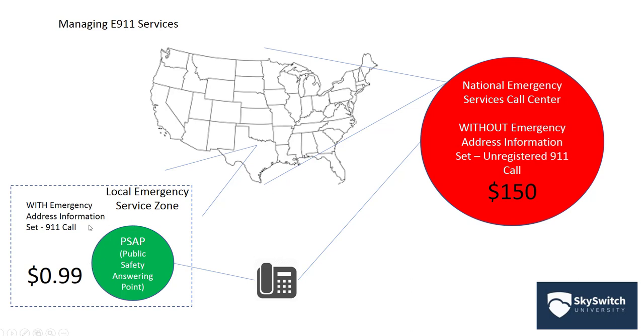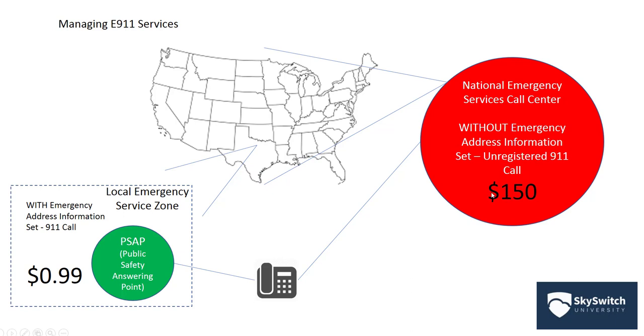The reason it went to the local emergency PSAP is because the local address information was transmitted with the call. Now, if the number does not have the emergency address information added, and a phone from that number on that user makes a 911 call, then that's considered an unregistered 911 call.